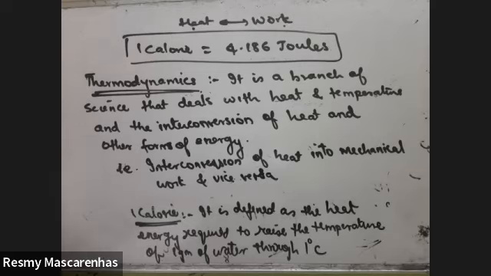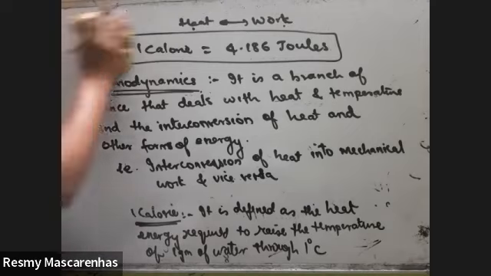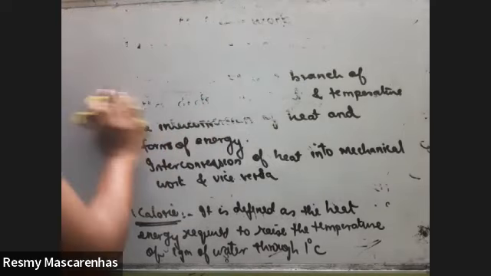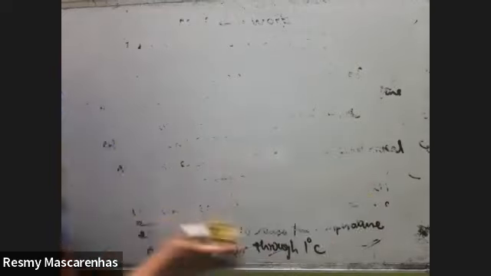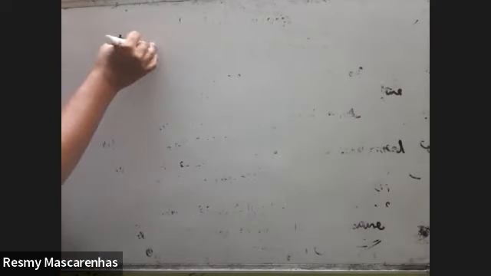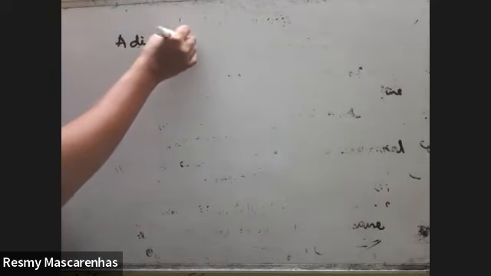Now, before starting in detail, I just want to tell you what is called as an adiabatic wall and diathermic wall. Although the terms look complicated, they're simple actually. First one is, I'll just tell you what is adiabatic wall.